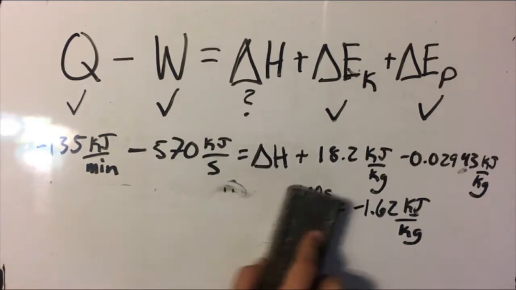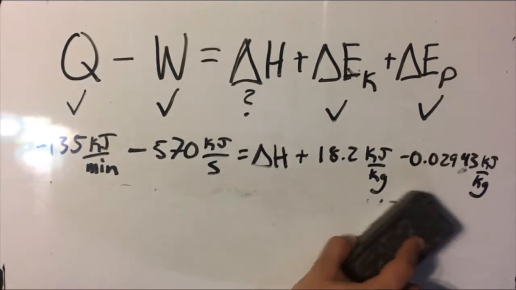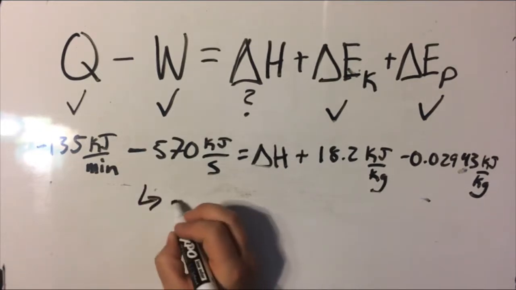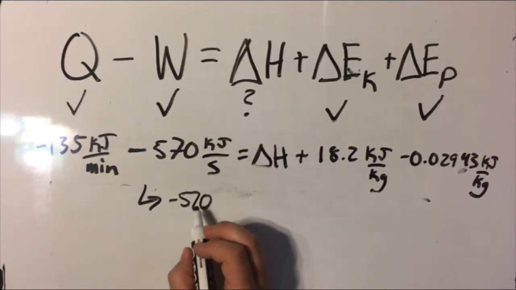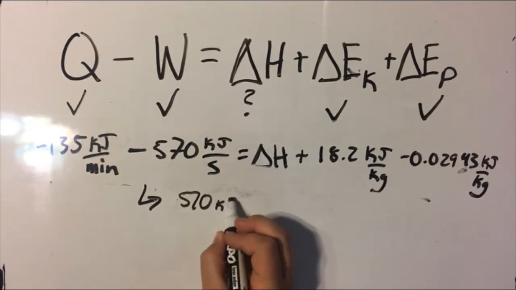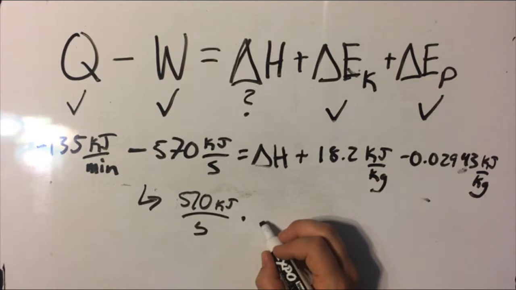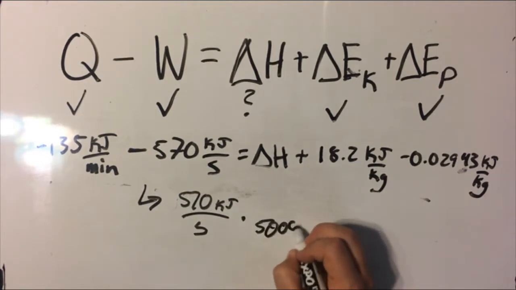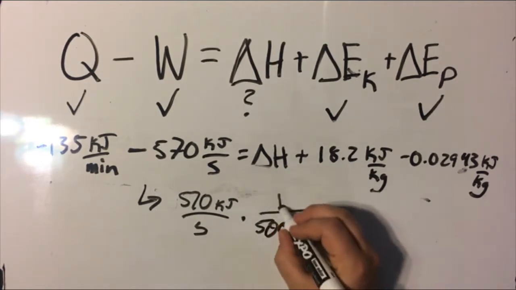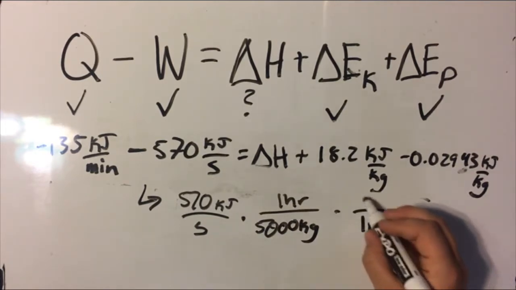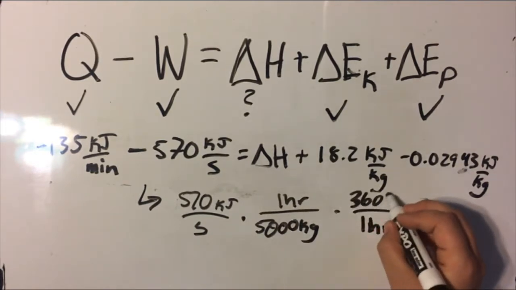Alright, so we'll go through and do the same thing for our work, which is our 570 kilojoules per second. We're going to go back and factor in our mass, 5,000 kilograms per hour, and then our time conversion is where we want to be.